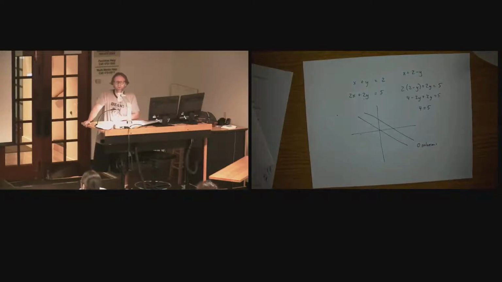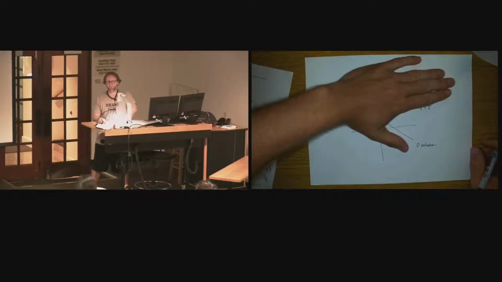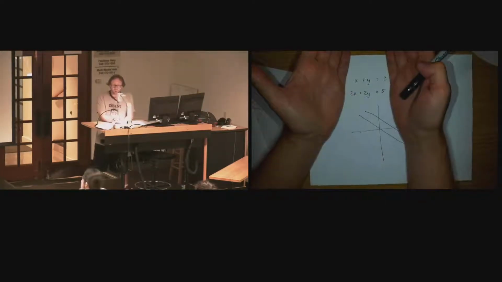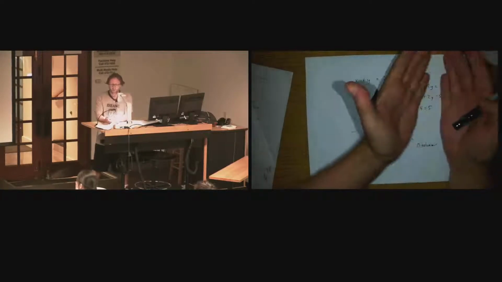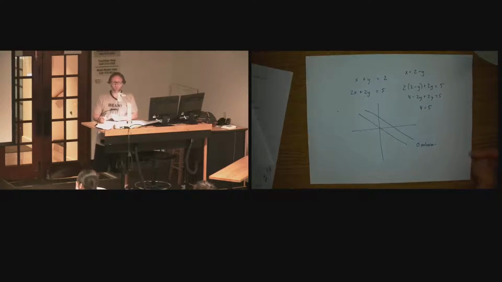Is that true? No. That's because these lines don't actually ever intersect. There is no solution at all. Is this true or false? This is false. What do you call that? A contradiction, right? So if you started by assuming that these two lines intersected somewhere, you would eventually get a contradiction, right? And you would know that there are no solutions at all.